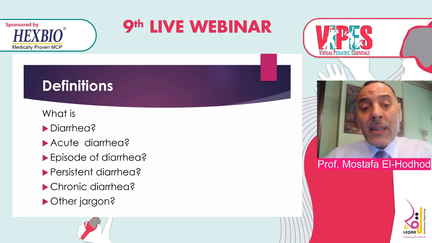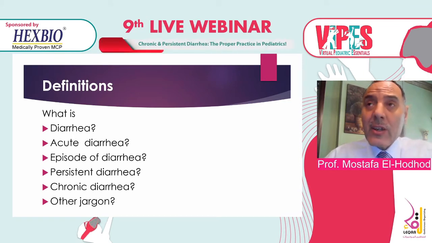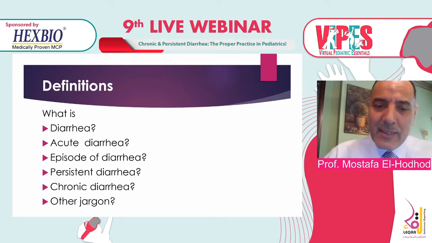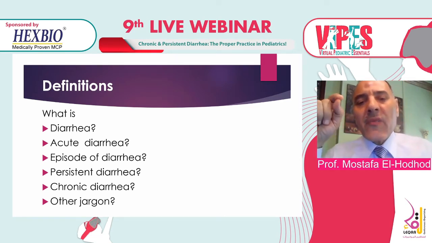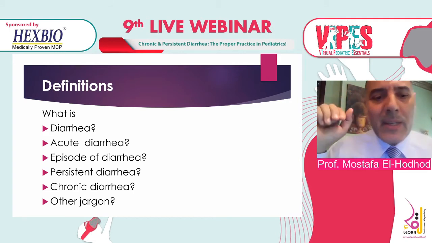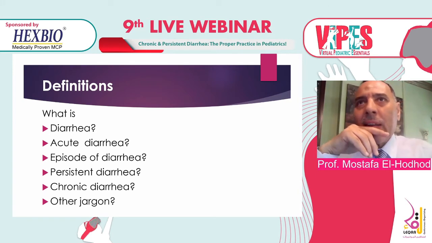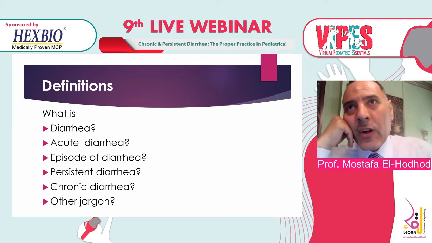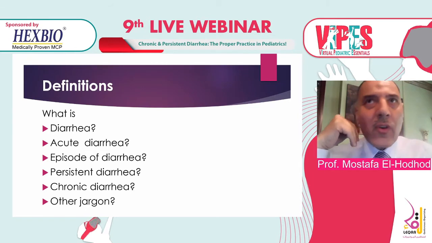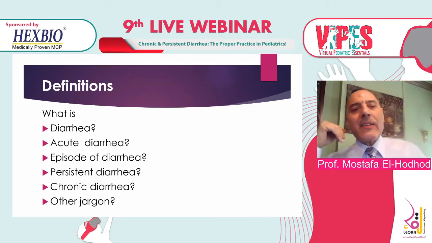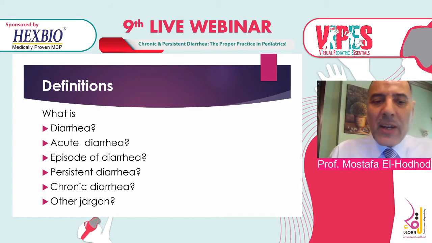If the episode of diarrhea didn't disappear within 2 weeks, this is persistent diarrhea. On the other hand, chronic diarrhea means something that started insidiously, so the mother cannot define the exact time at which diarrhea started. And there is a very wide range, from 2 weeks, 3 weeks, 4 weeks, 2 months, but the most accepted is 1 month duration to define chronic diarrhea.